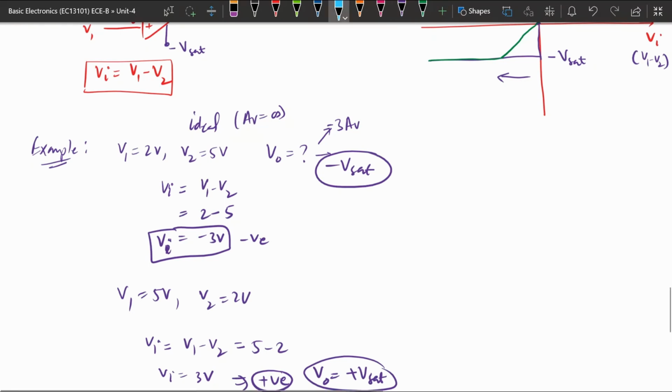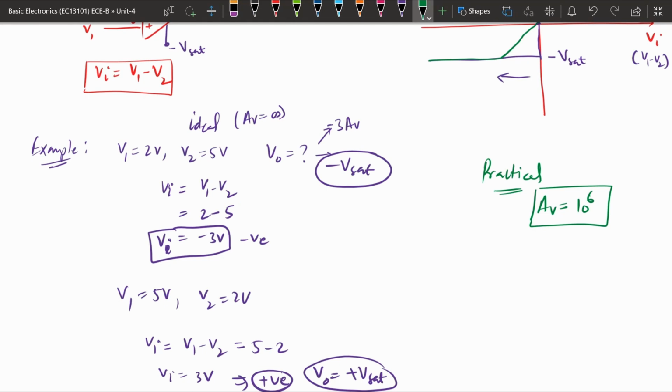If it is the case of a practical one, there will be a value of AV that will be close to 10 to the power 6. Suppose AV is 10 to the power 6 in the practical case. It will not be infinity.